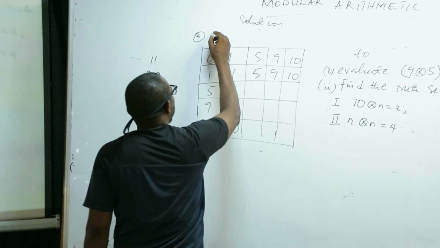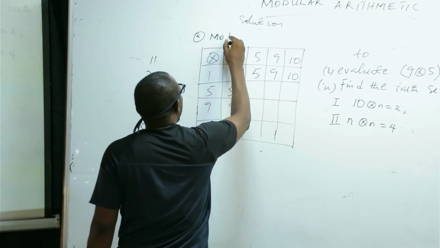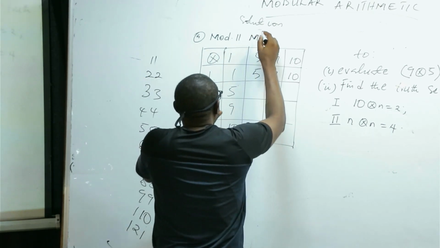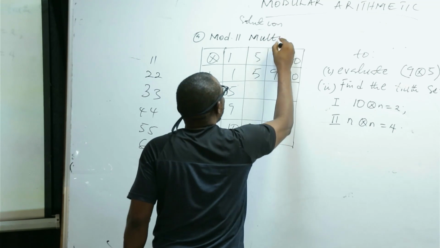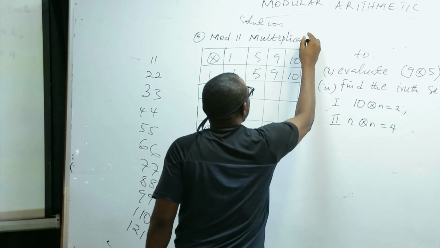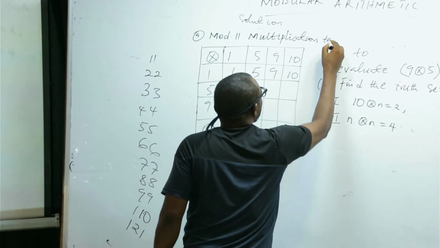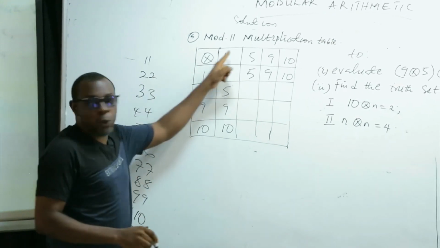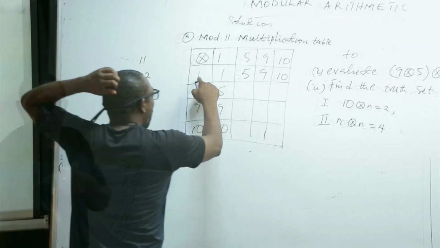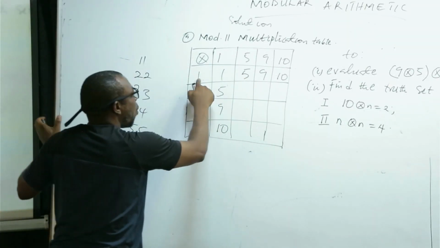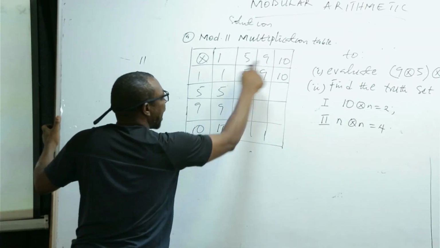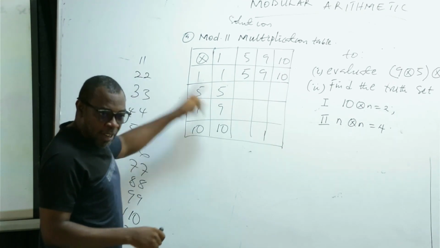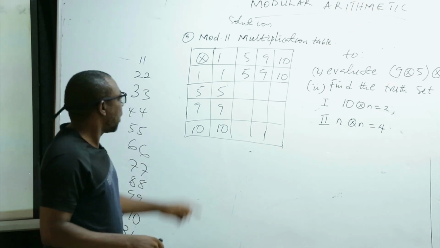But don't forget, I am writing mod 11, multiplication. So 1 times 1 gives you 1, 1 times 5, 1 times 9, 1 times 10. They are not up to the modular class, so you put them like that.